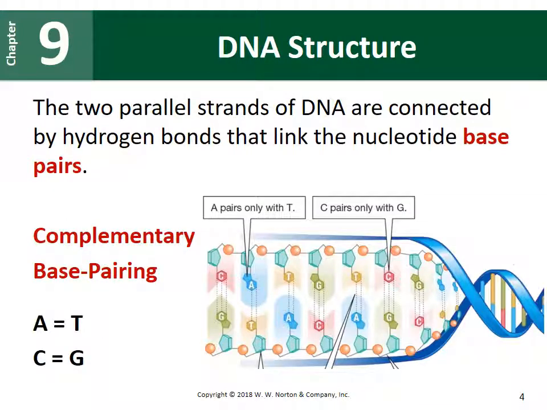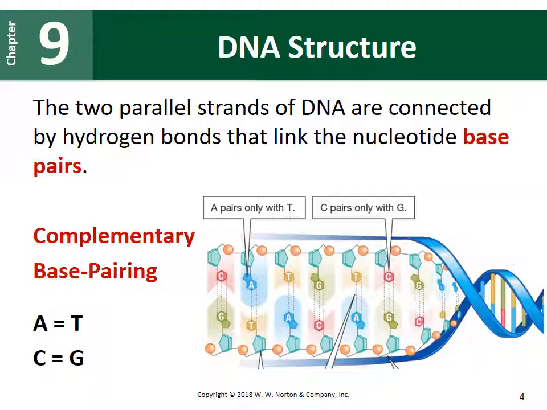So these nucleotides are bonded together into strands. And in order to get a DNA molecule, we have to have 2 parallel strands of DNA. These 2 parallel strands are connected by hydrogen bonds across from each other, and those hydrogen bonds link together those 4 different bases, so those nucleotide base pairs.